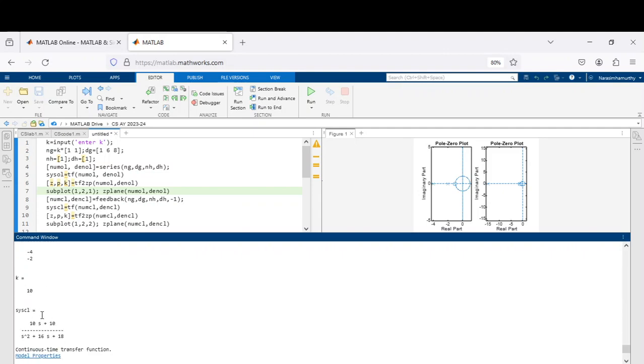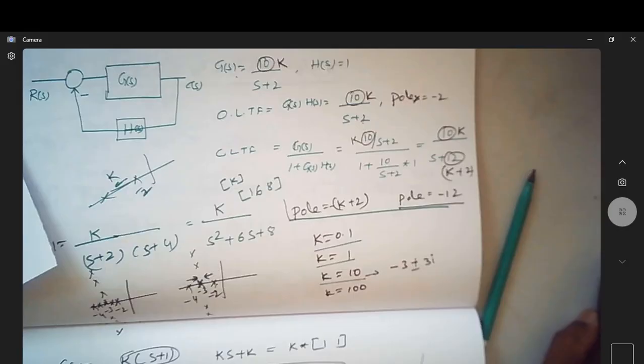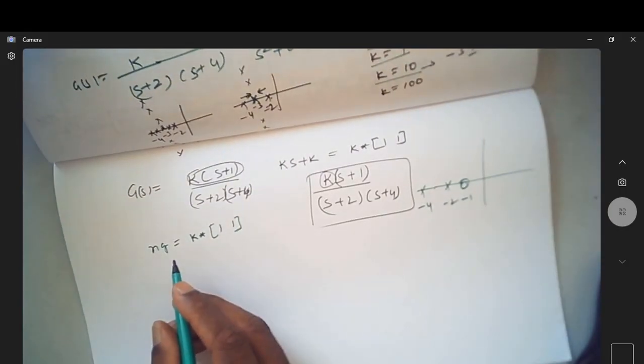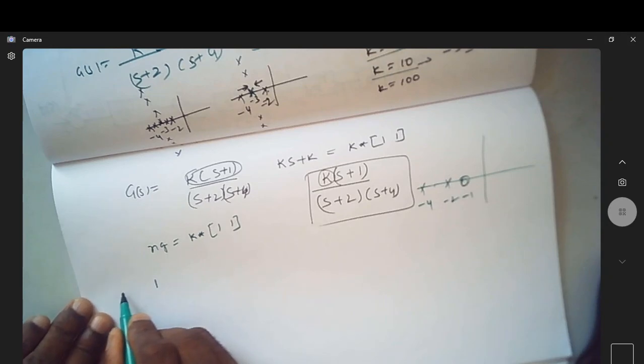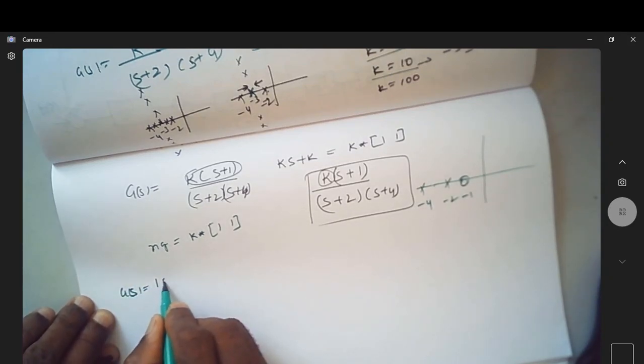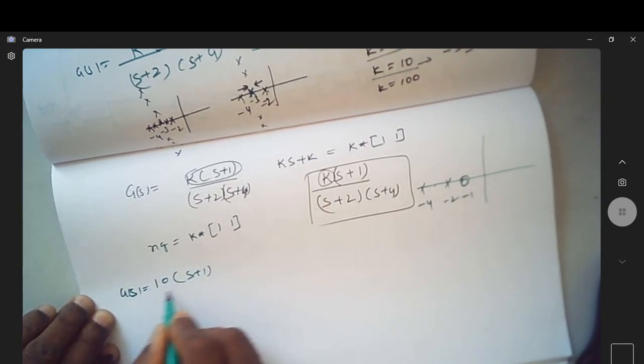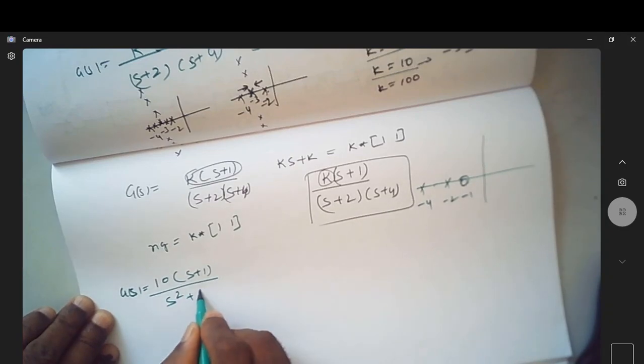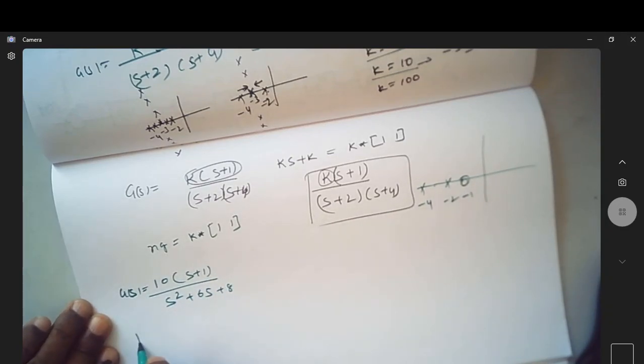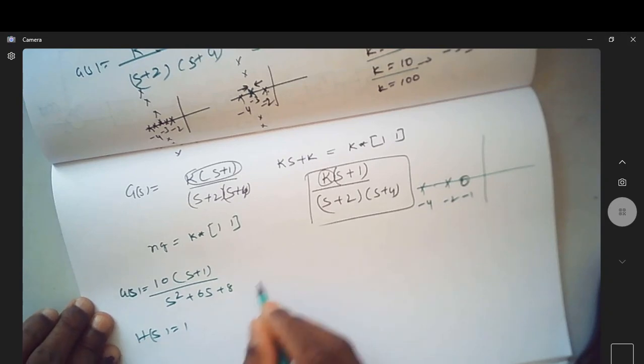Once you close the loop, this will become 10s plus 10 over s square plus 16s plus 18. Take time and try to find the closed loop transfer function. Let me just tell you, for k equal to 10, g of s becomes 10 into s plus 1 by s square plus 6s plus 8, and h of s is equal to 1.